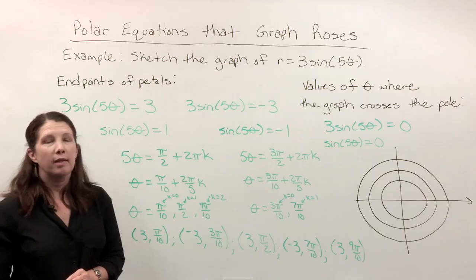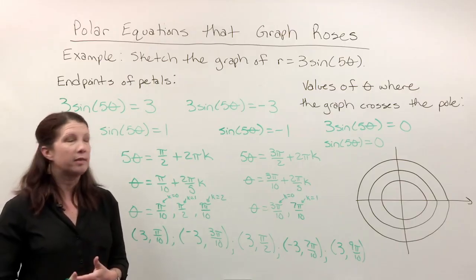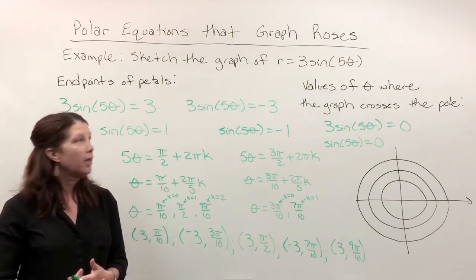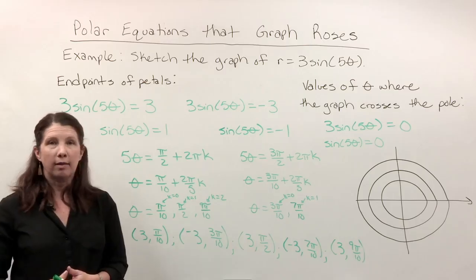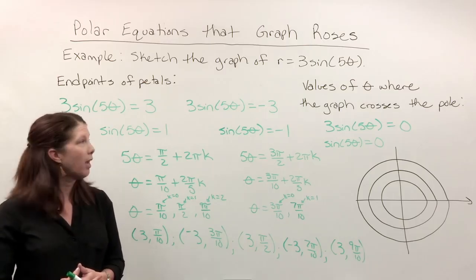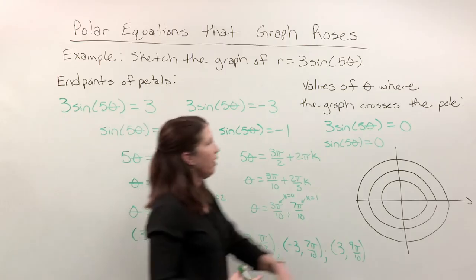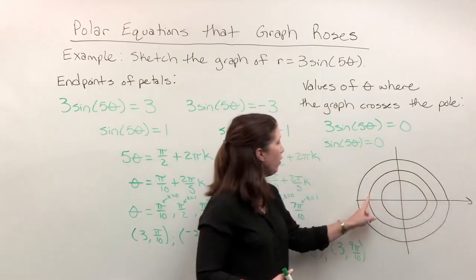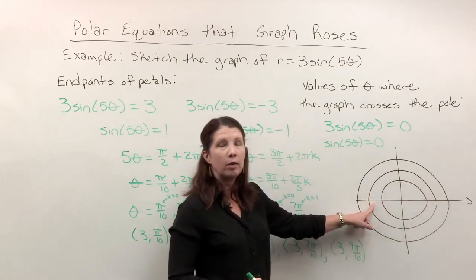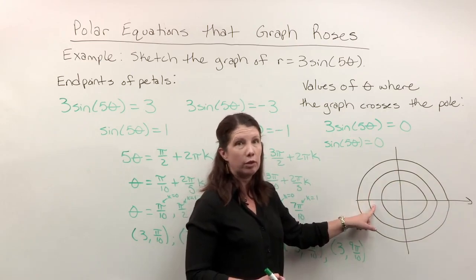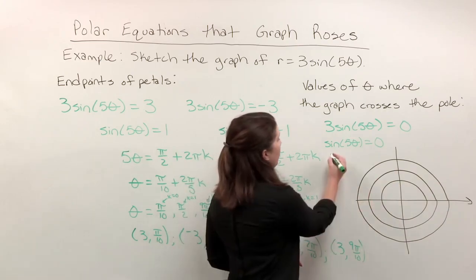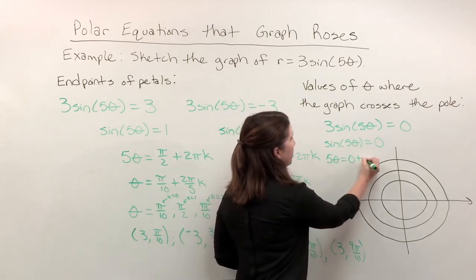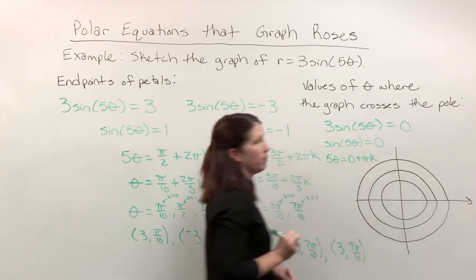Now again, I need to undo the sine function and set up the general formula that's equal to 5 theta. Here, you need to think about the fact that there are 2 places where sine equals 0, and they are separated by pi. Sine equals 0 at 0 and pi. So we can write this using just a single general formula. 5 theta equals 0 plus pi k.